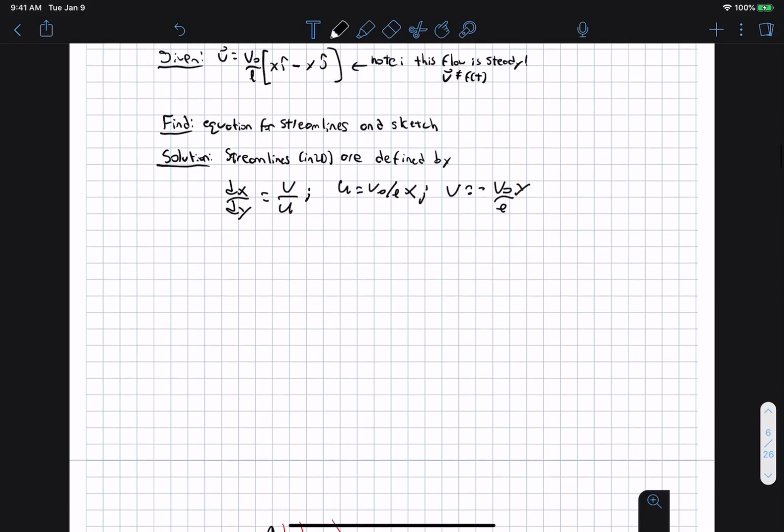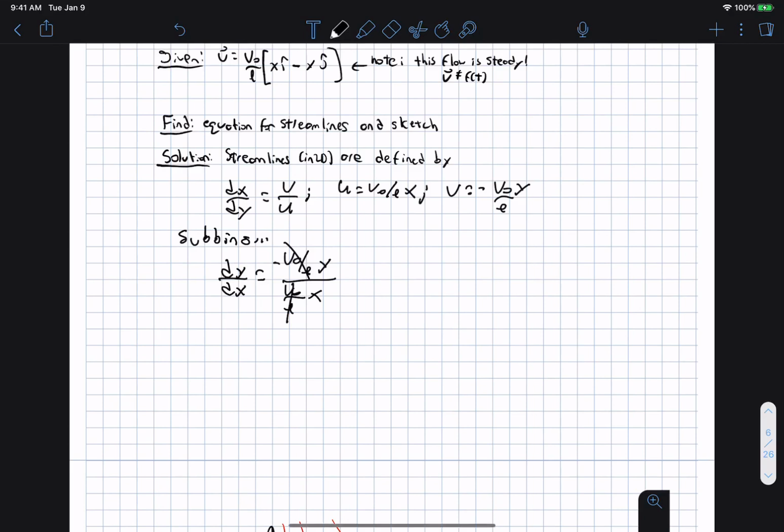Now we basically take u and v and stuff them into our equation for the streamline. Substituting, we have dy/dx equals v, which is minus v naught over L y, divided by u, which is v naught over L times x.